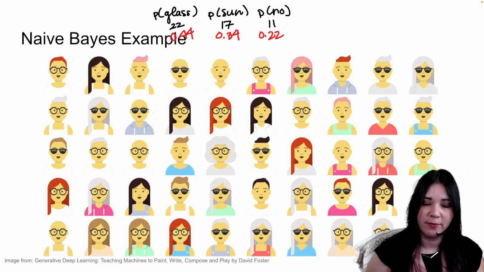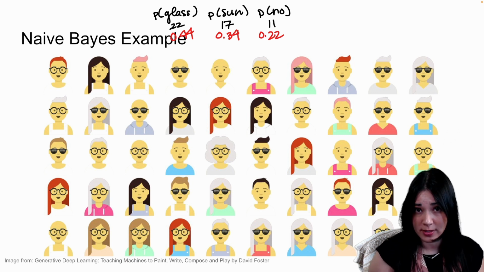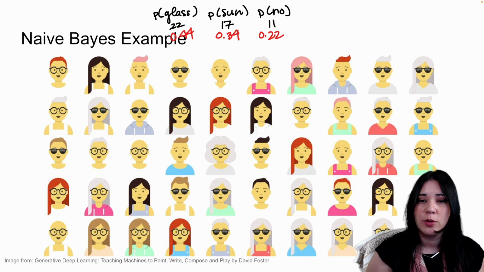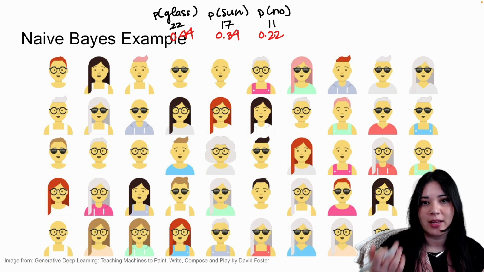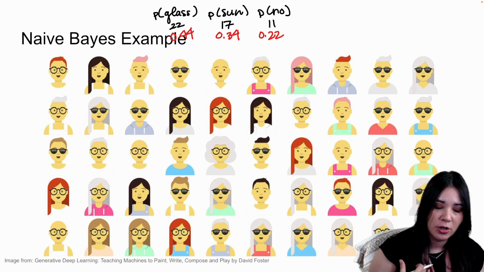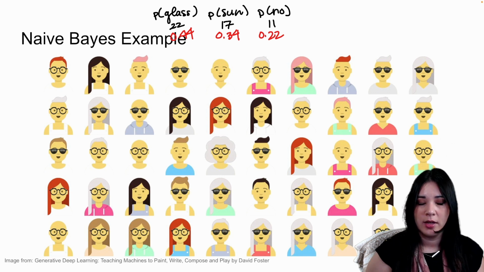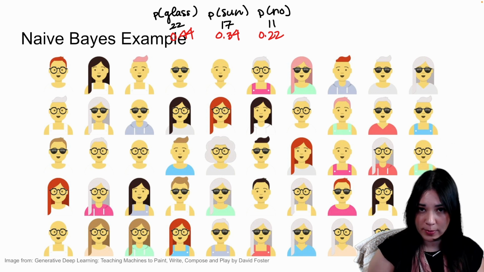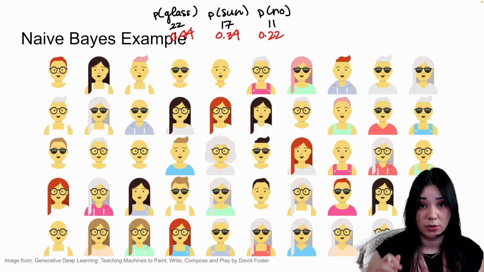And now that we have these probabilities, we can use them to generate new samples. And we're going to do so by making the naive assumption in naive Bayes, which is that all of our different features like glasses, hair, shirt are all independent. Because of this independence, we can actually generate new samples that have never been seen before in our original training data.